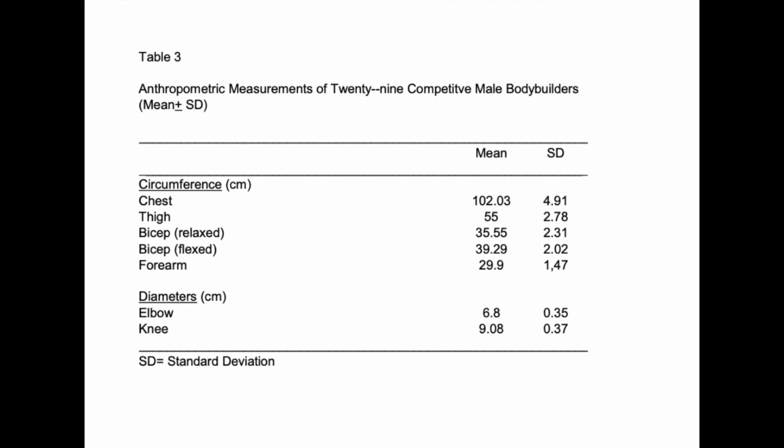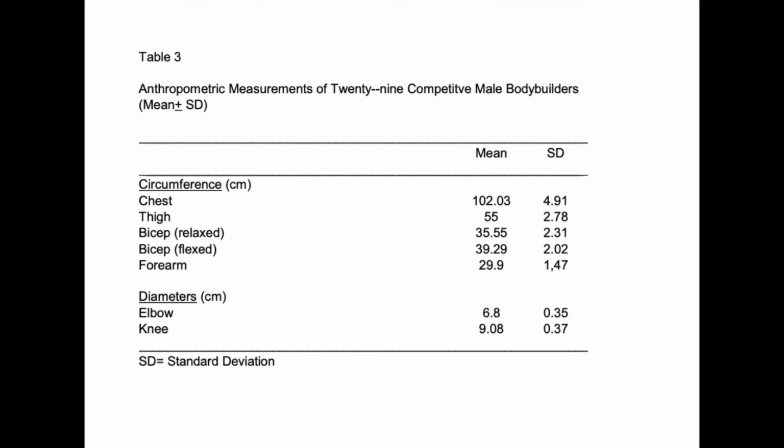The second study is titled Comparison of Anthropometric Measurement of Competitive Bodybuilders to Judges Scores and Comparison of Judges Scores by Rodney Gaines. I'm going to only use this table 3 over here, that includes chest, thigh, arm, and forearm measurements.